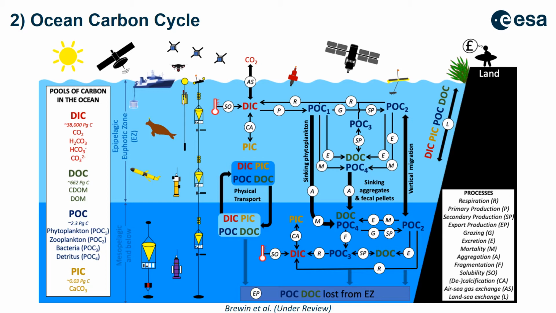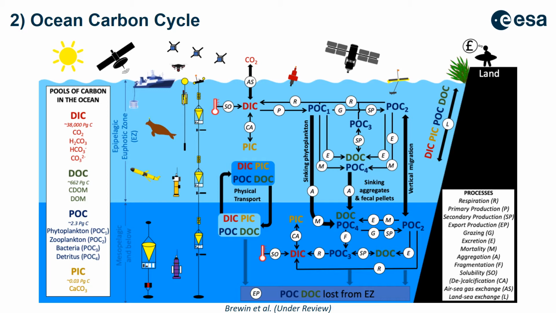Then we have particulate organic carbon. Now, particulate organic carbon includes algal and non-algal organisms and particles in the ocean, including principally phytoplankton, zooplankton, bacteria, and detrital pools. Now, this is a small pool of carbon, but it's the most dynamic.